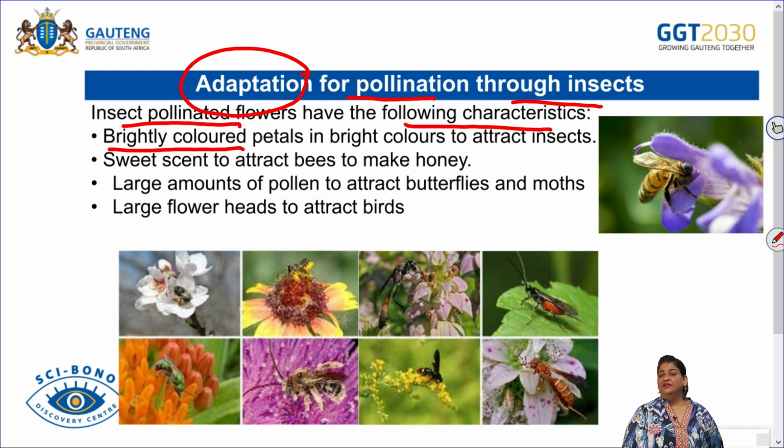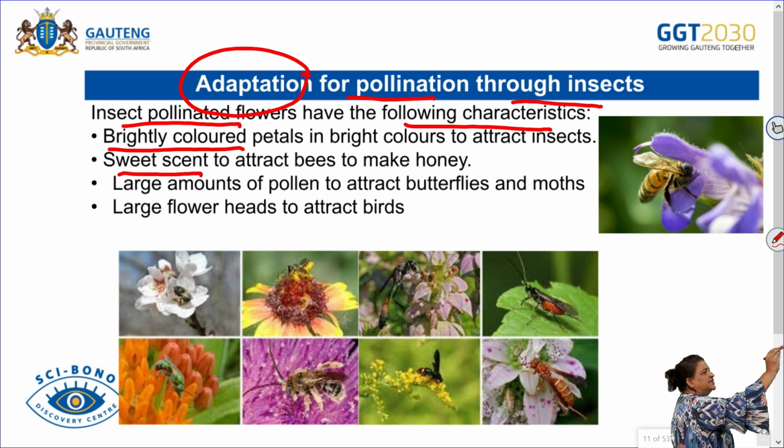So remember, these pollinating agents are not only important for pollination and to form seeds and fruits eventually, but they are also responsible for making honey. So honey becomes even more expensive if our pollinating agents are going to be killed by fires, right, or sprays. Therefore, you find sweet scent attracts bees to make honey.